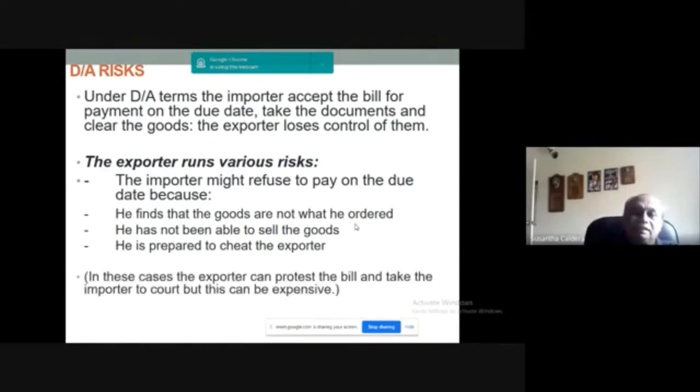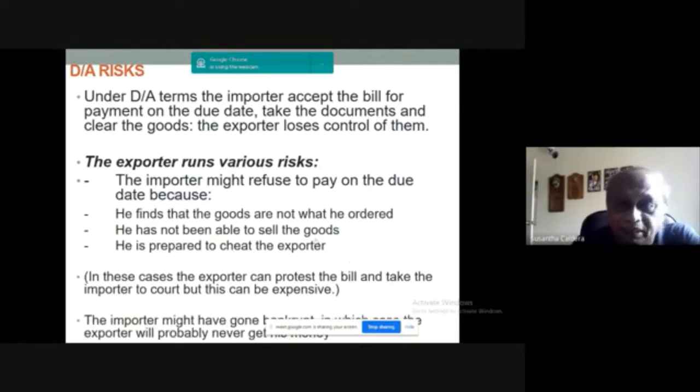In these cases, the exporter can protest the bill and take the importer to court, but this can be expensive in both ways. Earlier also, under DP, the exporter can protest the bill, but this procedure is very, very expensive.